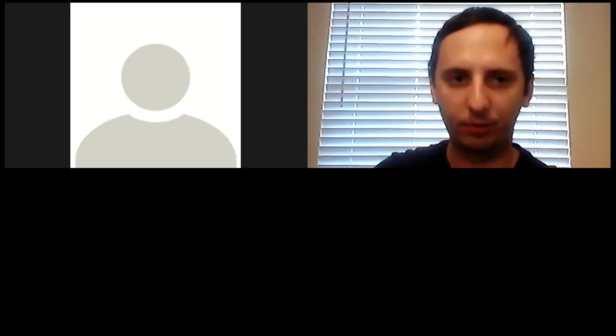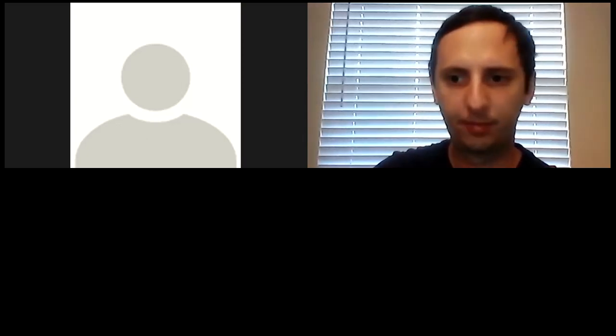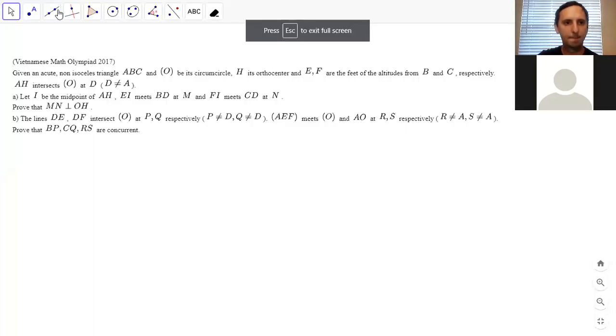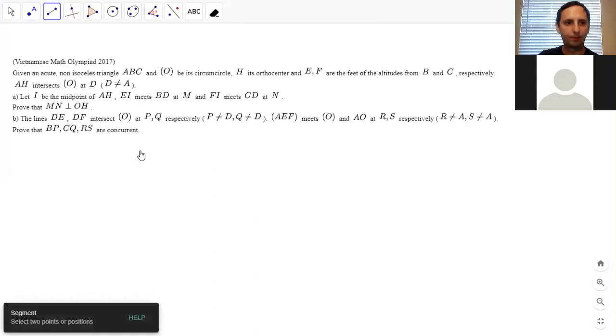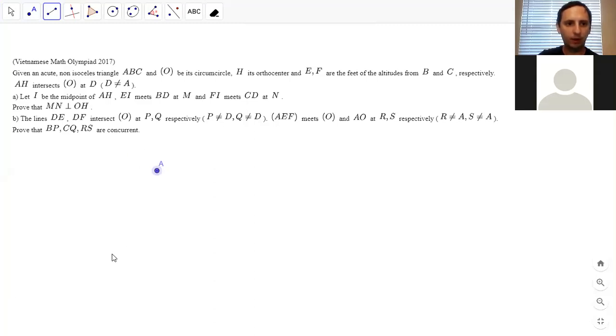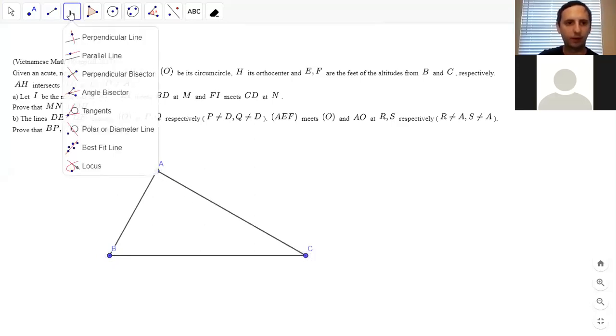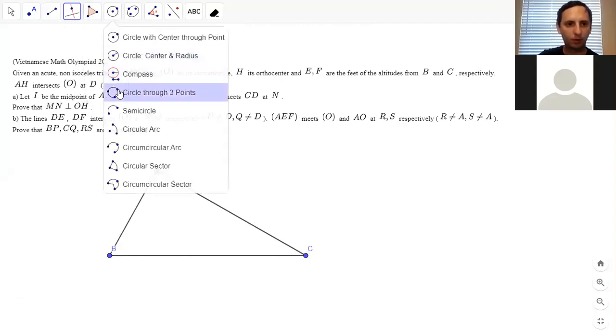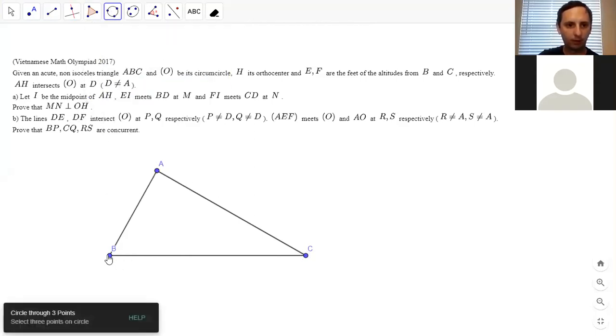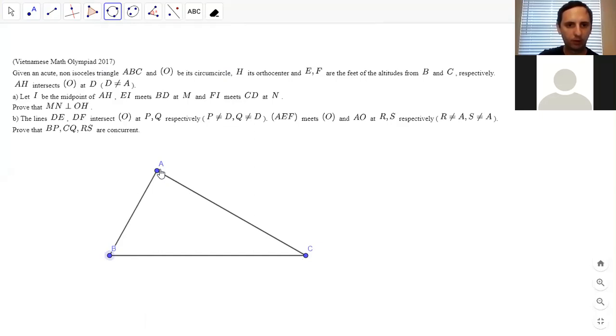And with that, I will share my screen. So here's the first problem. So we have a triangle ABC. GeoGebra is starting out a little slow, but I think it usually gets faster as I use it more. There we go. O is a circumcircle.